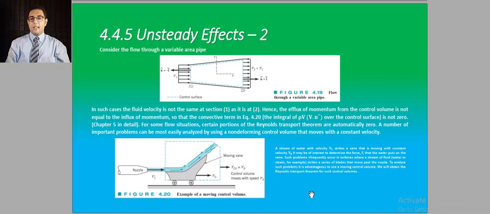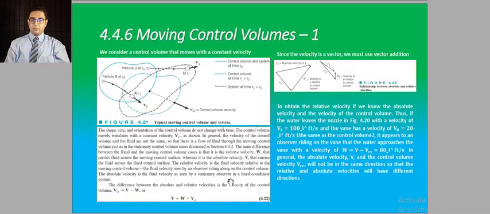Another unsteady effect is when we have a moving control volume as this, which means we have two velocities. One is the absolute velocity, and another one is the control volume velocity.